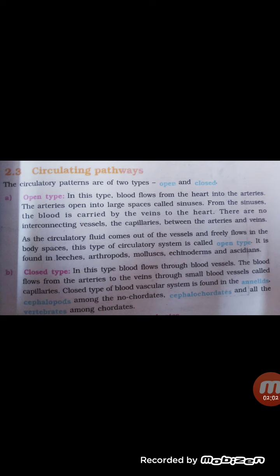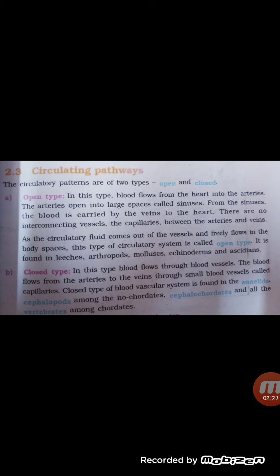First one is open type circulatory system. In this, circulatory fluid comes out of the vessels and freely flows in the body spaces. This type of system is called open type. Second one is closed type.